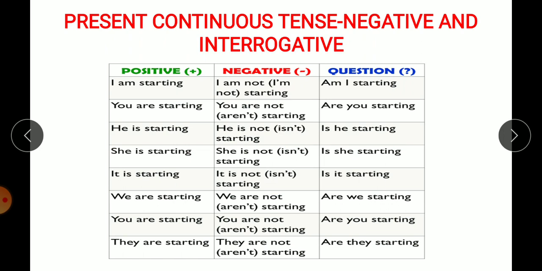They all are helping verbs. सो नेगेटिव में चेंज करने के लिए इसके बाद हम नॉट लगा देंगे. Am not, are not, is not. And when you are framing a question, just put this helping verb in front of the subject. Am I starting? Are you starting? Is he starting? And that way.